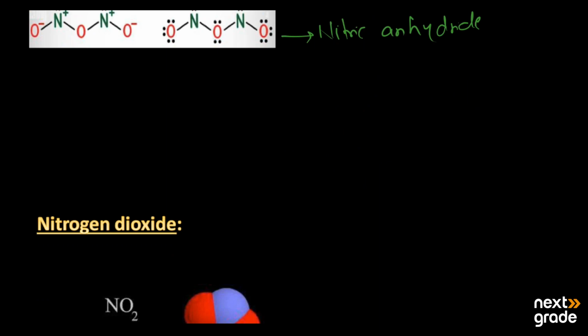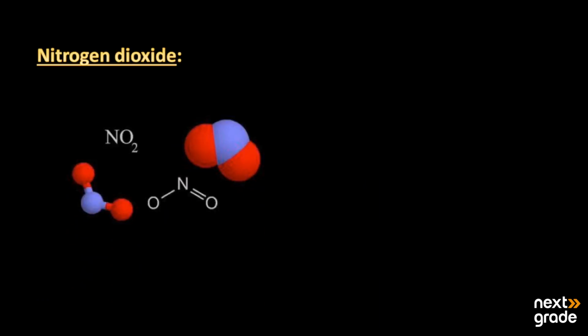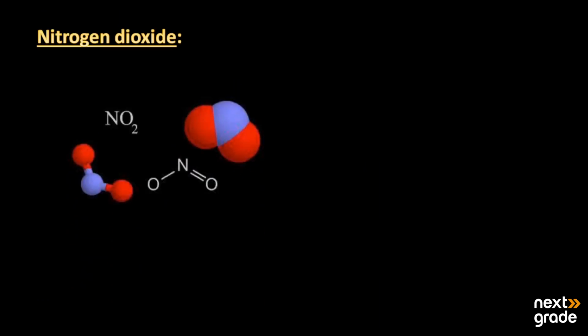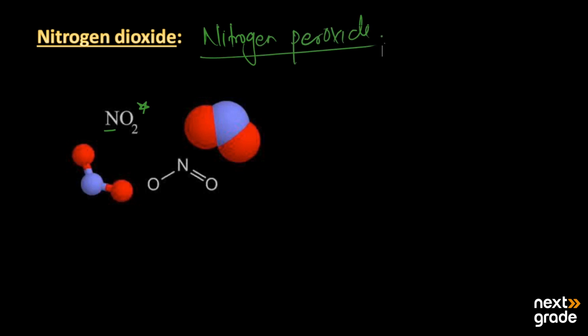Then the fourth one is nitrogen dioxide, in which one nitrogen is bonded with two oxygen atoms, and it is also known as nitrogen peroxide. Basically, every oxide is given another name for simple understanding.